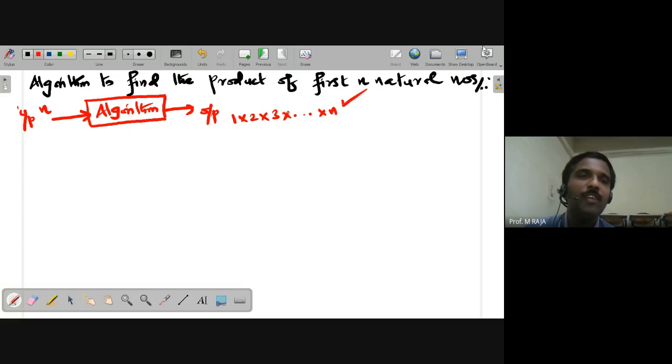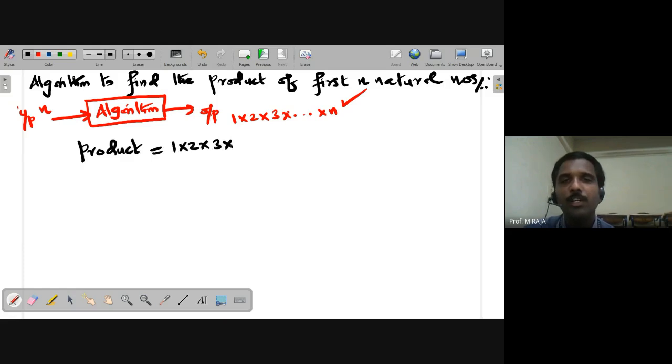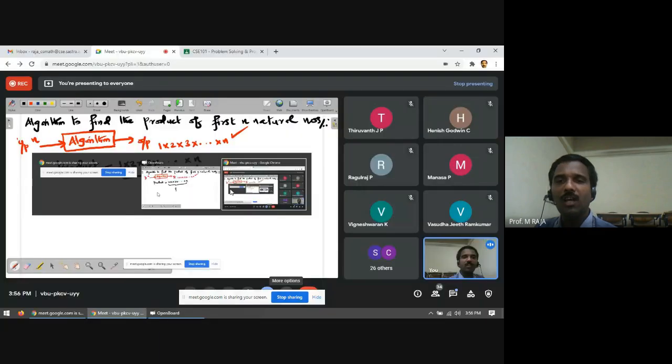So the algorithm finds the variable, say product, which is obtained this way, 1 into 2 into 3 into etc. n.